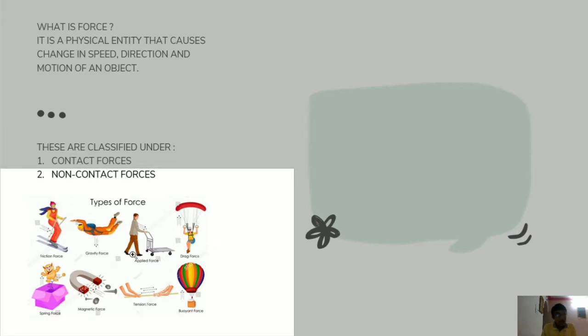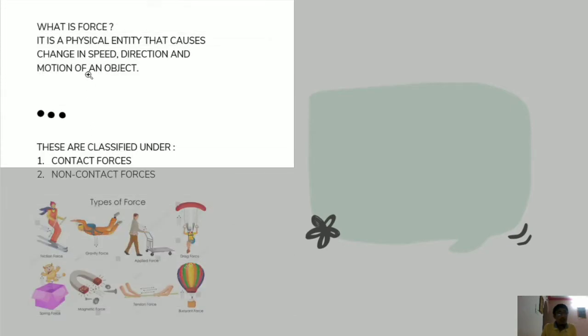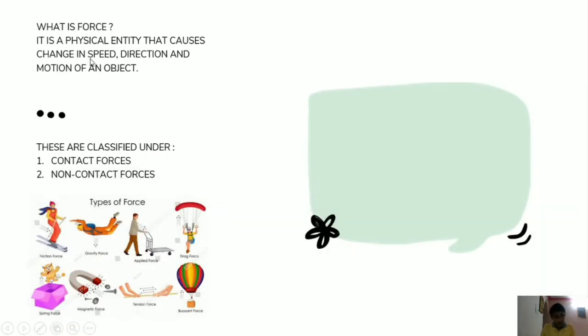If we want to perform a motion, we need a force. This force also determines the speed of that motion. If you apply more force, the speed is going to be high. If you apply less force, the speed is going to be low. This is an important concept: force is a physical entity that causes change in speed, direction and motion of an object.